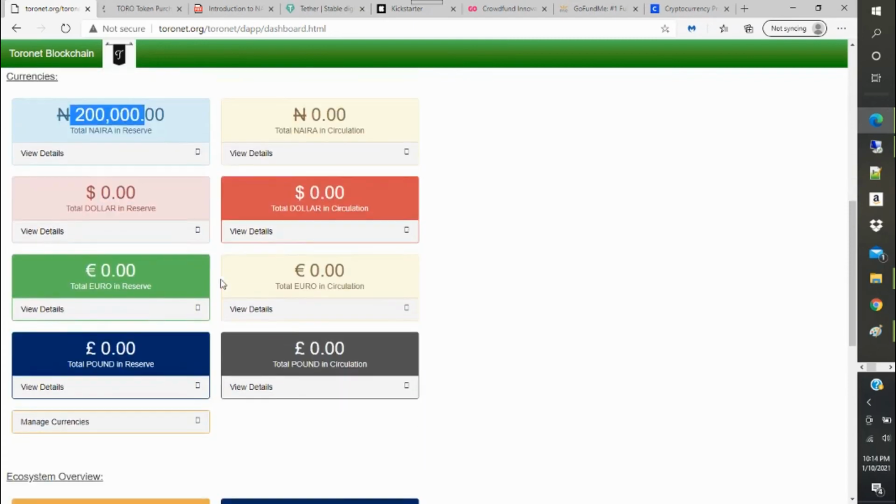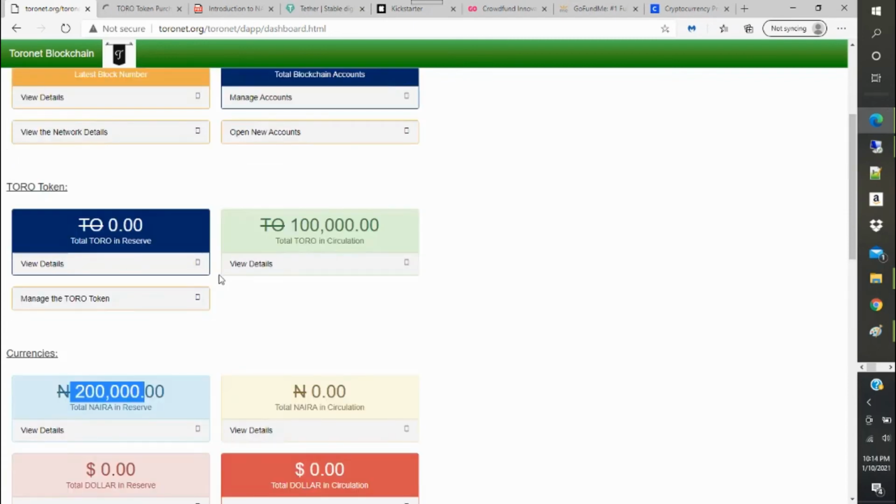So this is exactly what is expected. So there we see the difference between when a customer purchases Toros for Naira as a stable coin and when a reserve does the same thing, which is a creation event where it consumes the stable coin and creates the new asset, the Toro asset.